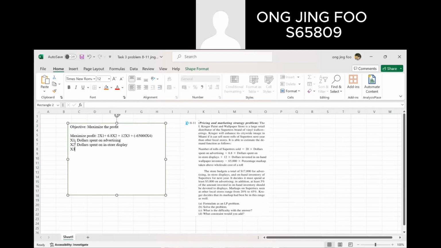Our X3 is about dollars invested in on-hand inventory. Our X4 stands for percentage sales cost of a row.